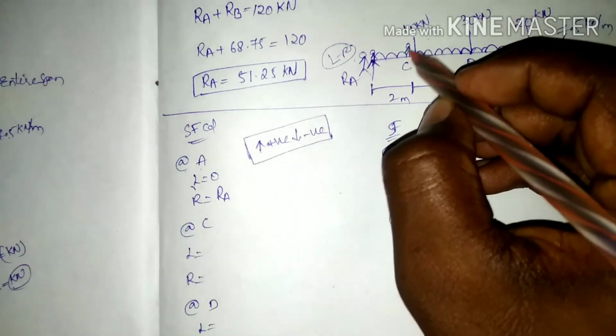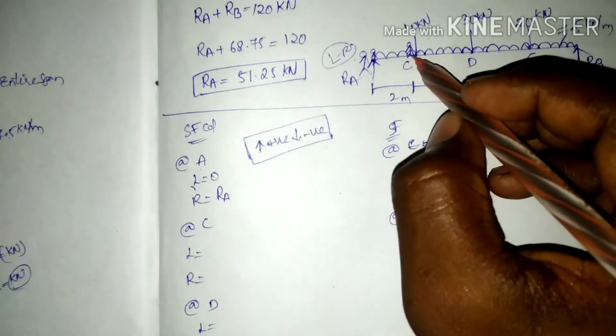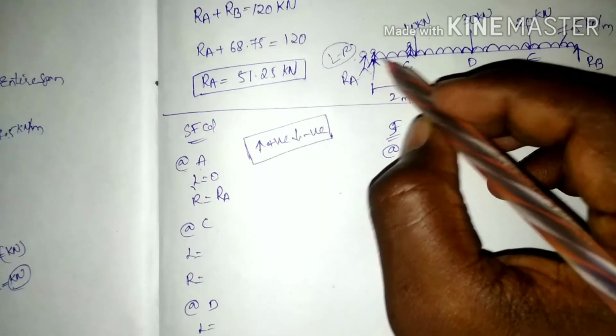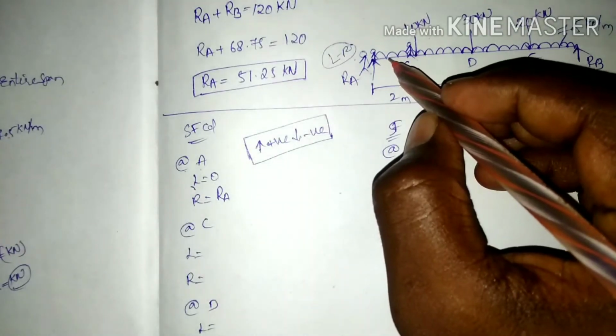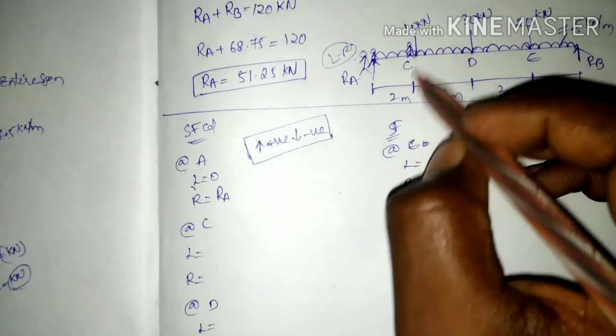For the left of the C, we are having RA and a UDL from A to C with a magnitude of 7.5 with a distance of 2 meters.